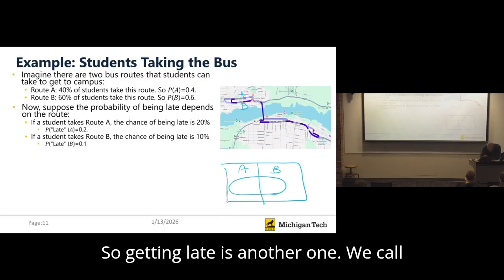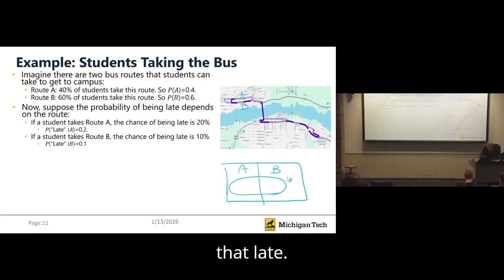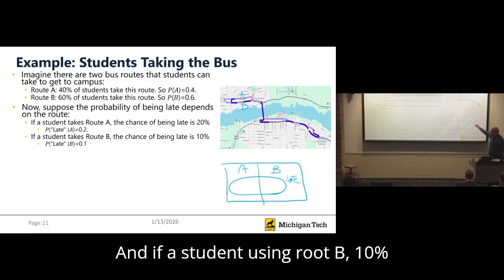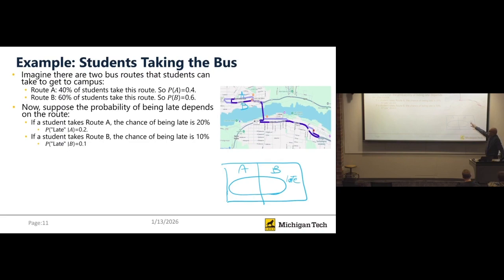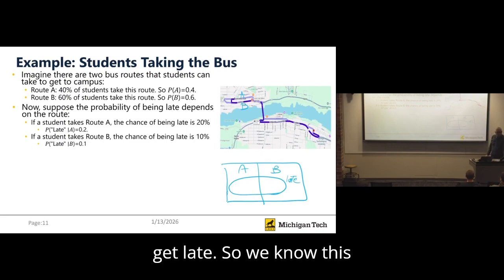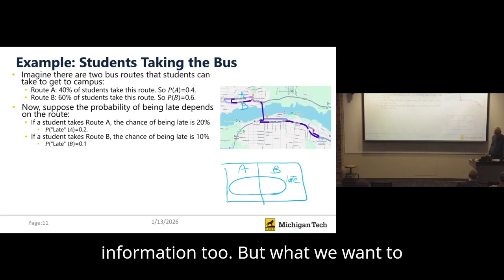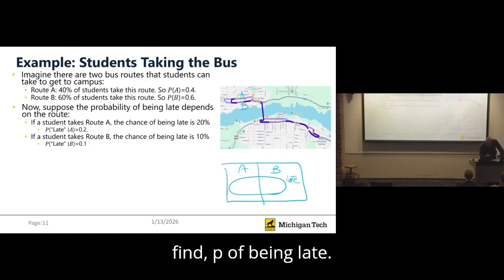So getting late is another event, we call that late. And if a student uses route B, 10% get late. So we know this information too. But what we want to find is the probability of being late. What is this?